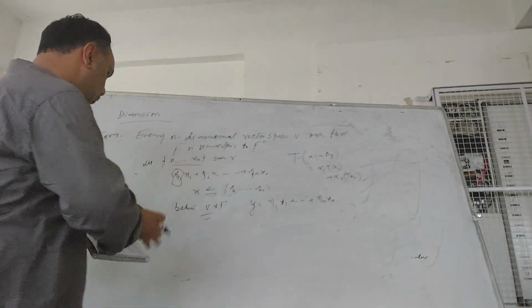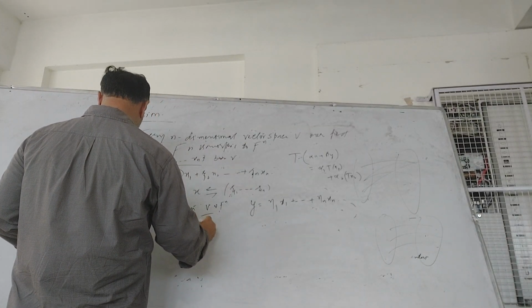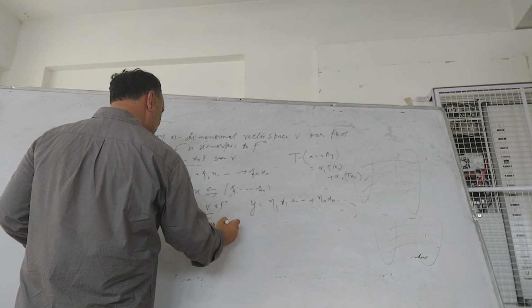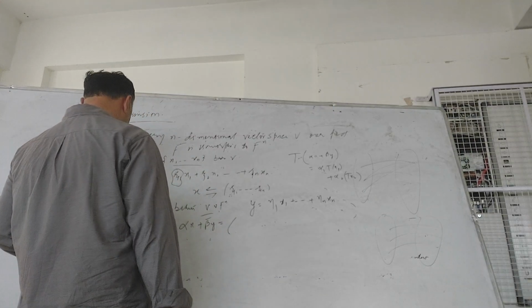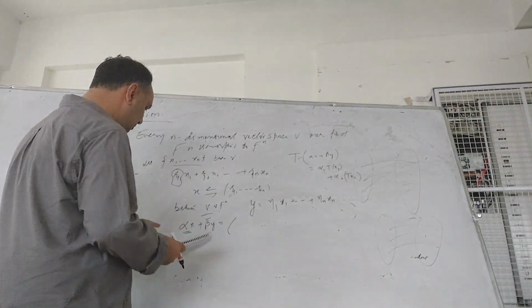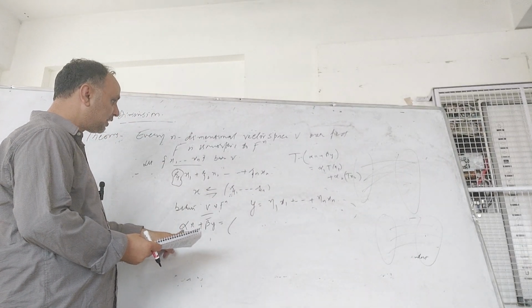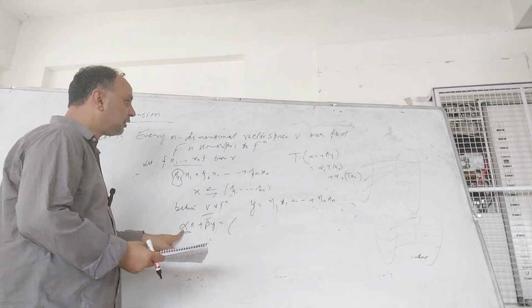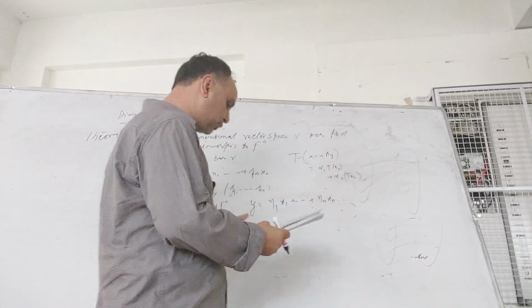So if we define alpha x plus beta y, this means alpha x is internally composed of x1, x2, xn, so on and so forth.